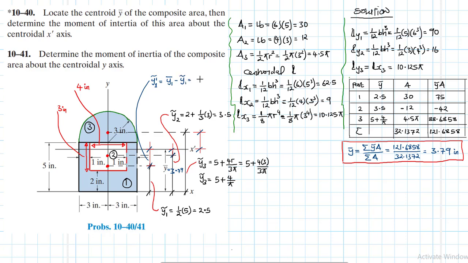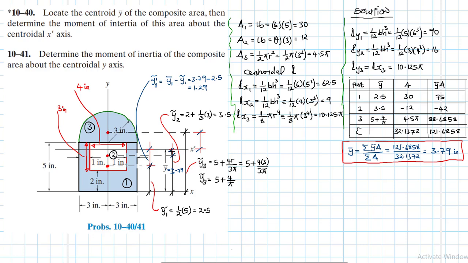Okay, which is equal to 3.79 minus 2.5. What is that equal to? 3.79 minus 2.5 is equal to 1.29. Okay, those are the distances we are looking for.